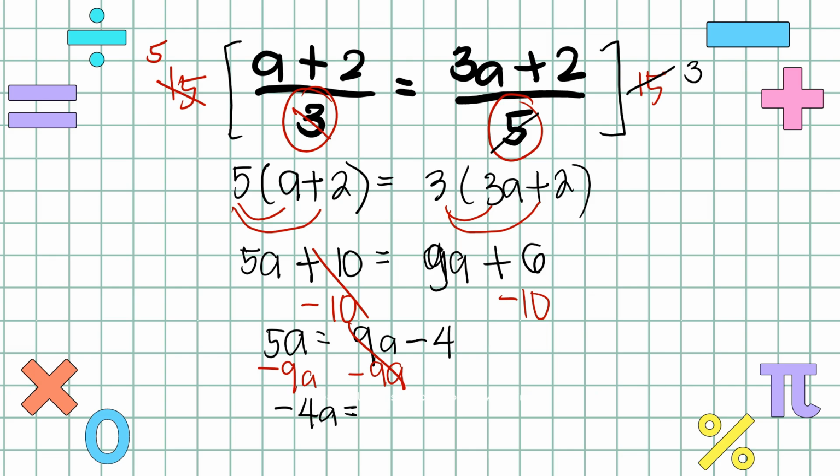And then negative 4a equals negative 4. Now lastly, let's divide both sides by negative 4, so we can also get rid of the negative sign. And we will be left with a is equal to positive 1. And that makes our equation correct if a is equal to positive 1.